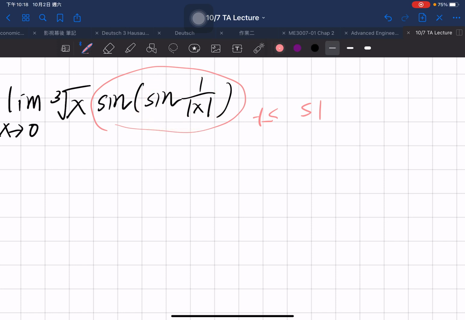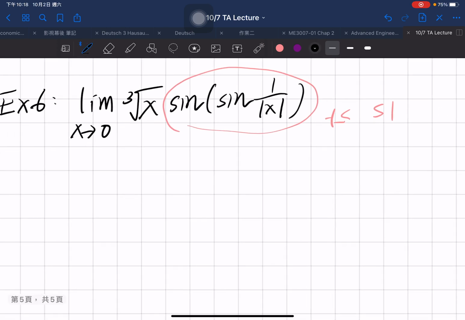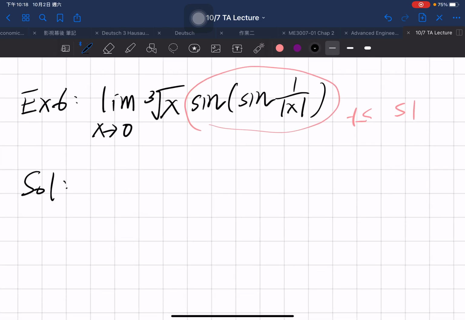So in this case, we just apply sine again. Inside the sine is also a sine with 1 over absolute value of x. No matter what is inside this, it will be between 1 and -1.